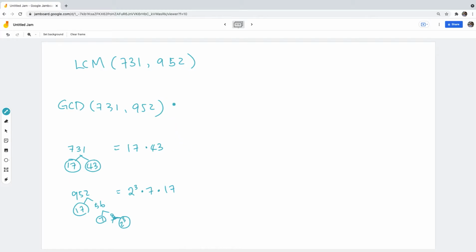Compare those two to find the GCD. What is in common? Only 17 is in common. So that is the greatest common divisor, greatest common factor.